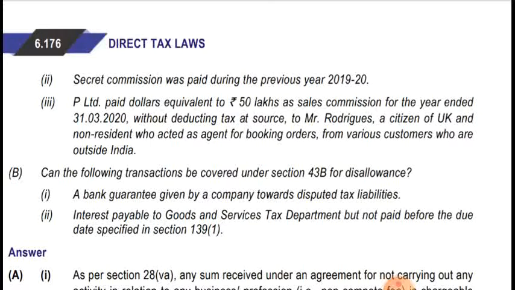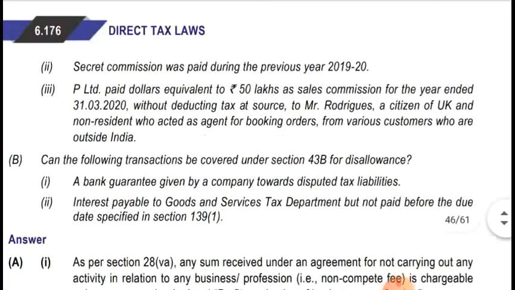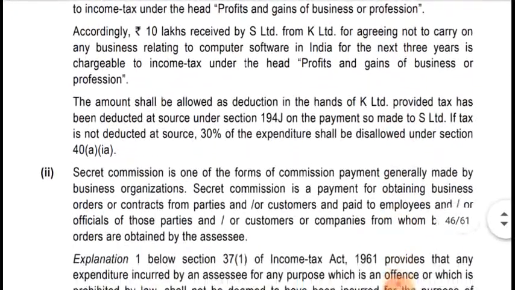If it is a legal commission, then it will be allowed. As the word says, secret commission, it can be considered as illegal. If it is considered illegal, then no deduction will be allowed in respect of that. Let's see the solution.